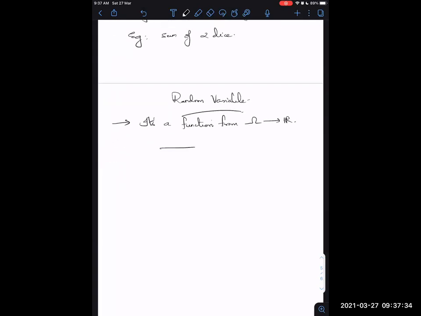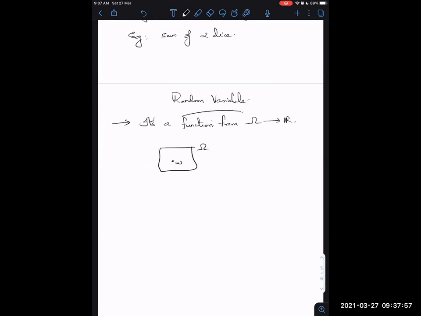And how you see it is as follows. You have the sample space, say S, or here omega, and little omega is the outcome. Every point in the sample space is an input for the random variable.